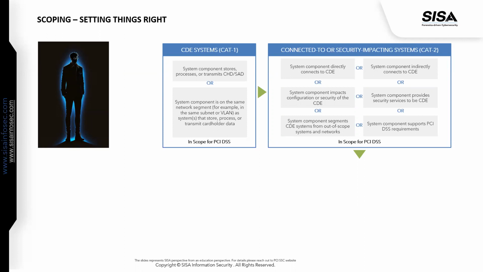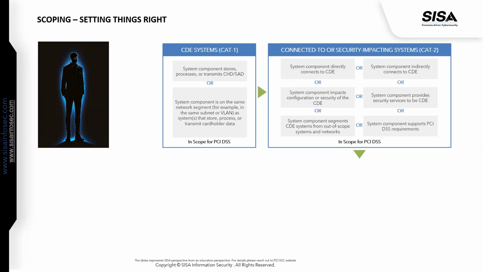On the other end, CAT2 services are the services or system components which either have connectivity with the cardholder data environment, or support it from a security perspective, or can impact the security of the CAT1 devices.